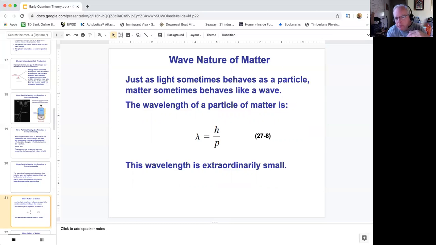Planck's constant is the numerator, and that's a very, very small number. Compared to, say, your momentum if you're just running across an athletic field, that means your wavelength is going to be very, very small, and it's impossible to design an experiment that's going to demonstrate your wavelength properties. But if it's an electron and the momentum is very, very small, then it is quite possible.